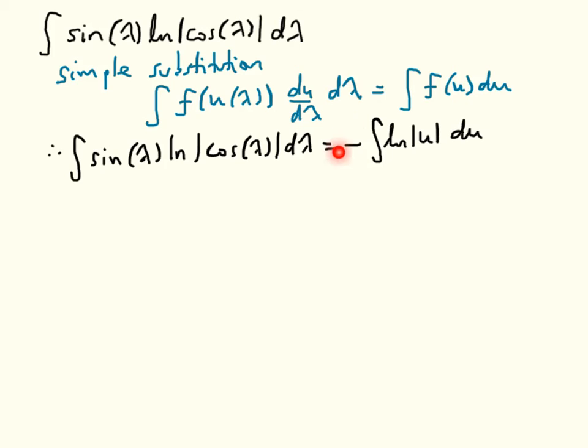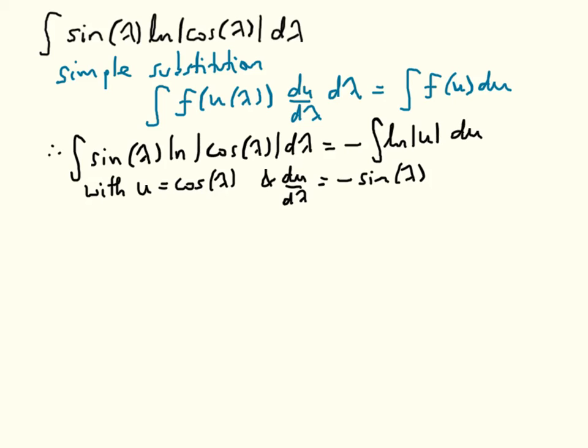And the minus sign is there because du d lambda is minus sine of lambda. And let's write down explicitly what we have with u equal to the cosine of lambda, and du d lambda is minus sine of lambda.